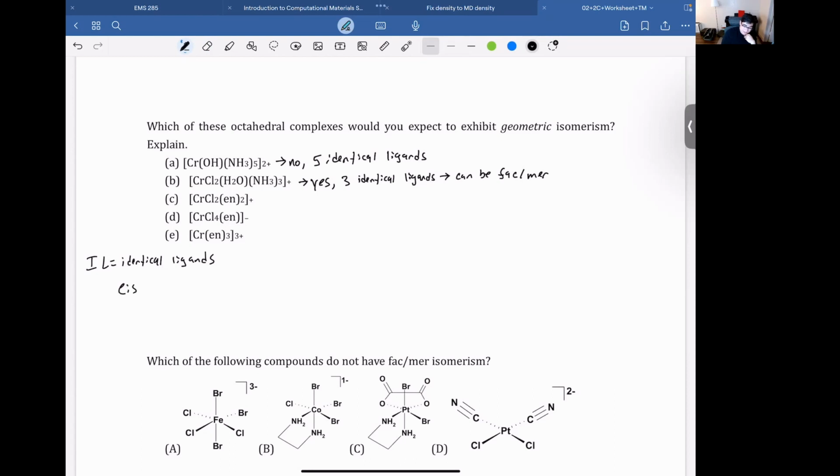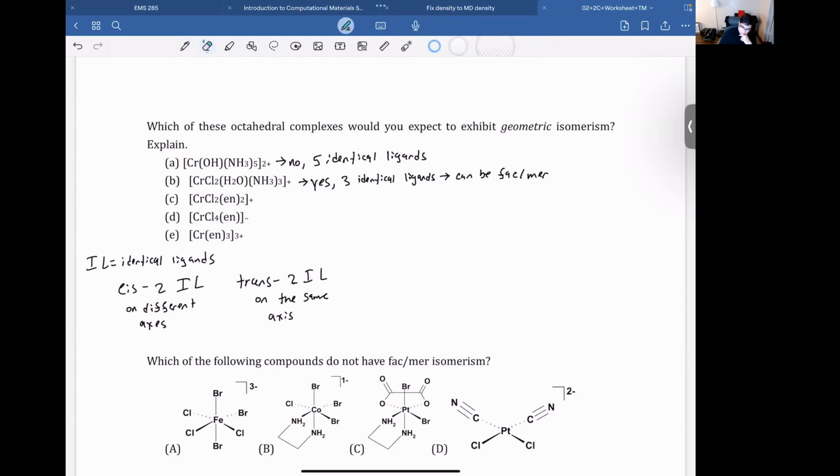So if you have something that is cis, you have 2 identical ligands on different axes, so they're the same exact ligand. If it's trans isomerism, you have 2 identical ligands on the same axis. It's exactly 2.